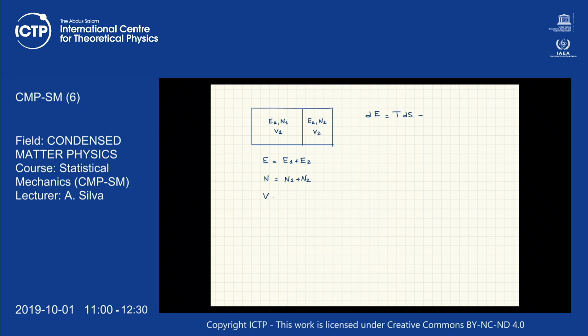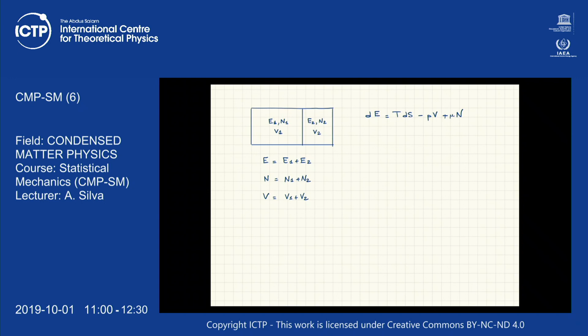And V is the total volume, V1 plus V2. So dE is equal to this. Why am I using the internal energy? Because I'm fixing number of particles, volume, and, well, it's a thermally isolated system, and therefore the entropy.